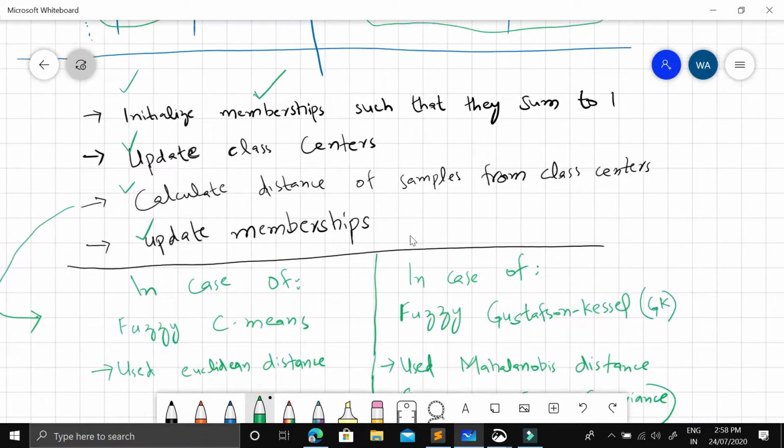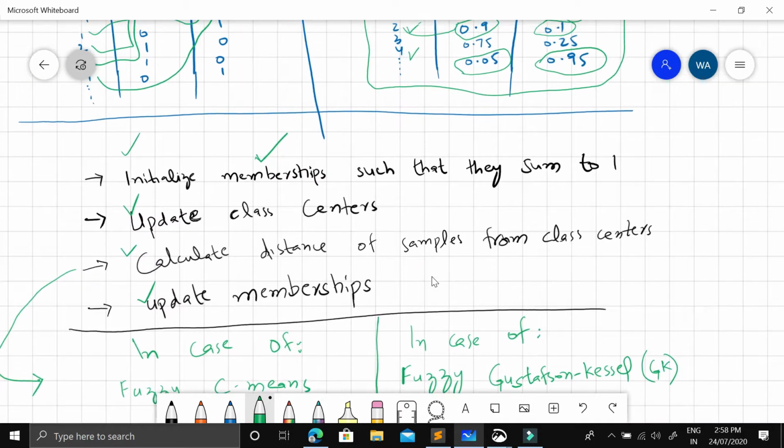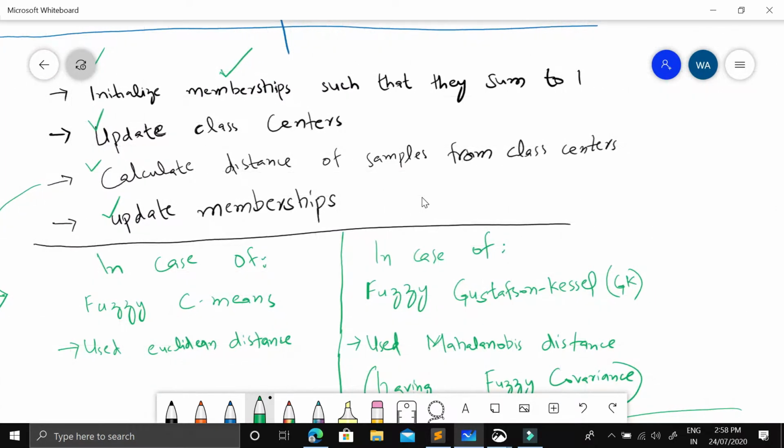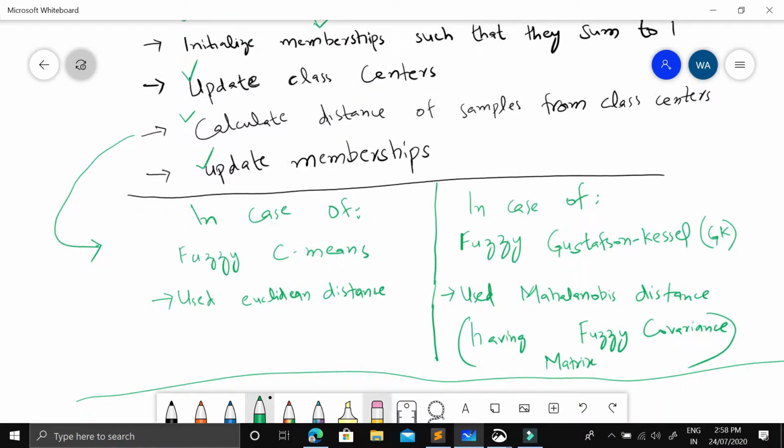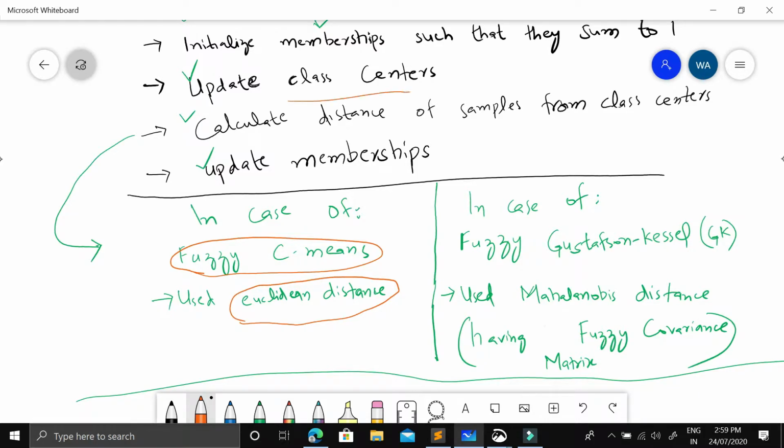But in fuzzy clustering, we are dealing with two different kinds of algorithms: fuzzy C-means and fuzzy Gustafson-Kessel. In fuzzy C-means, we use the regular Euclidean distance between the class center and the samples.